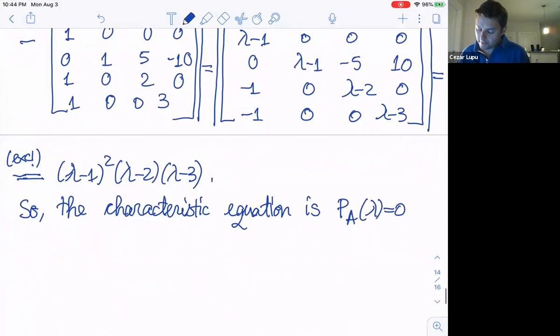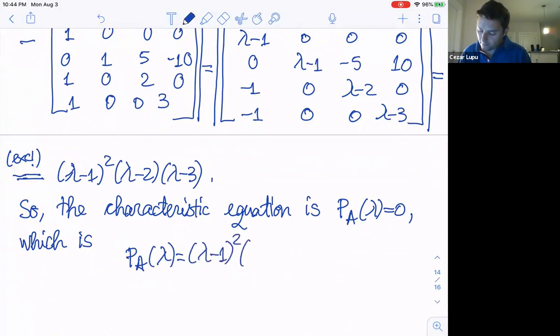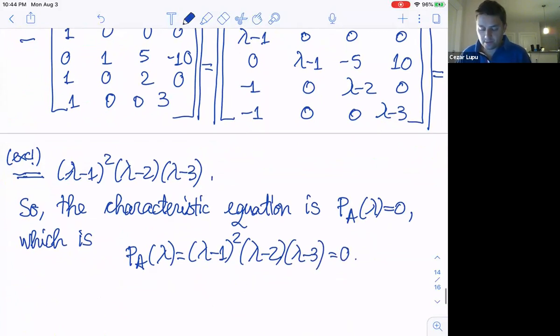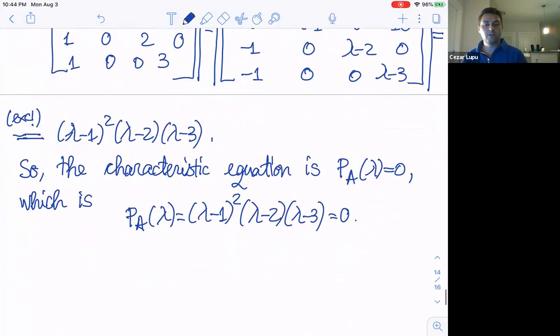In our case, P_A of lambda is lambda minus 1 squared times lambda minus 2 times lambda minus 3, and we set this equal to 0. All right. The eigenvalues, it's quite clear that when we set this equal to 0, then we obtain the eigenvalues.